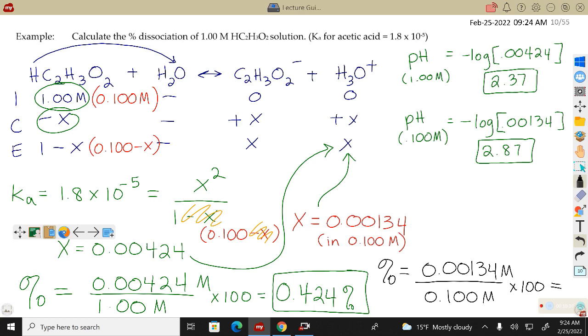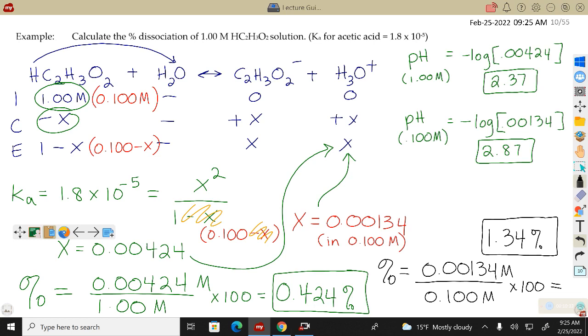I get 1.34%. So everything made sense until maybe now: the percent ionization has increased. What? The percent ionization is greater. Oh, brother.